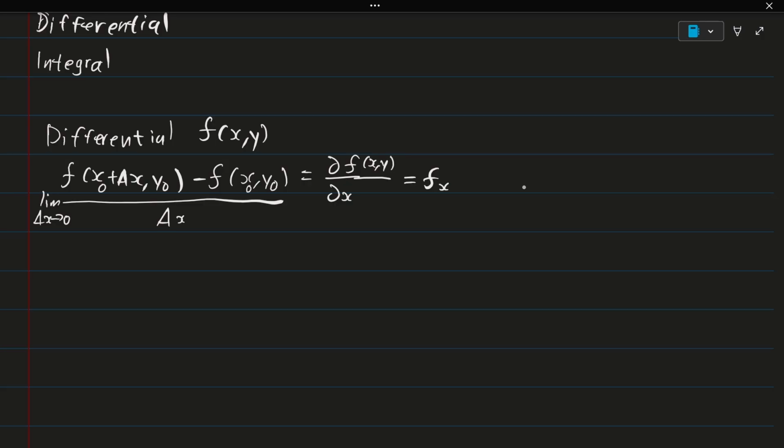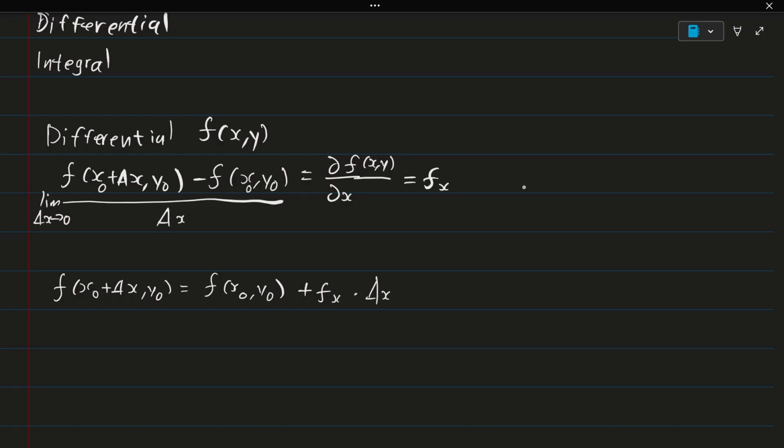So this pretty much straightaway introduces us to the idea of the differential, like the Taylor series, in which we introduce it as something like this, right? This equals the function at x0, y0, plus the derivative of f with respect to x at that particular point, multiplied by the change in x.